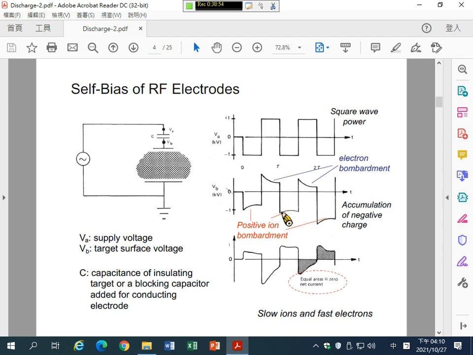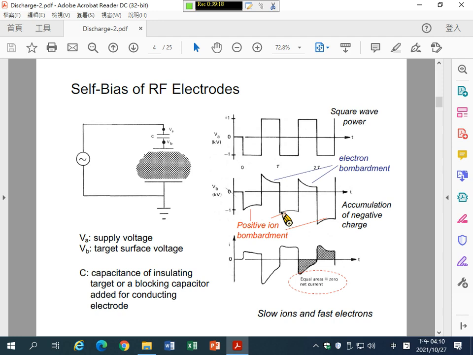In the negative polarity region the bias voltage is very large, and in the positive region the bias voltage is rather small, so the shape of this curve is not symmetric.